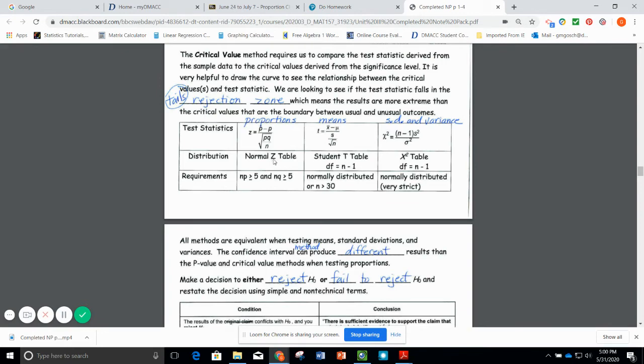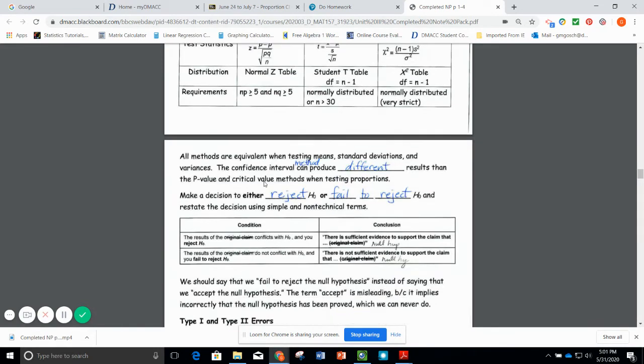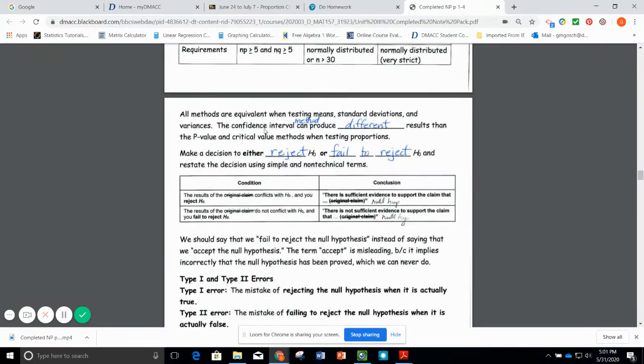We're going to be using the normal distribution curve that you'd be plotting this on. And again, you need to have the requirements that we have 5 successes and or 5 failures, one or the other. Okay, and that has to do with having an appropriate sample size.